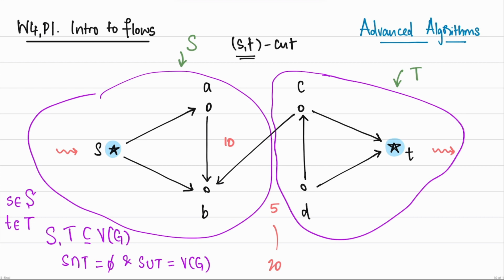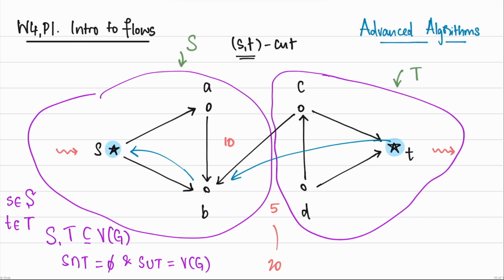So for instance, if we had an edge from T to B, and we also had an edge from, say, B to S, so that would be an edge going in the other way from the edge that's already there from S to B. If these two edges were there, then you could actually go the other way. You could reach from the target to the source, but you're still cut off going in the other direction.